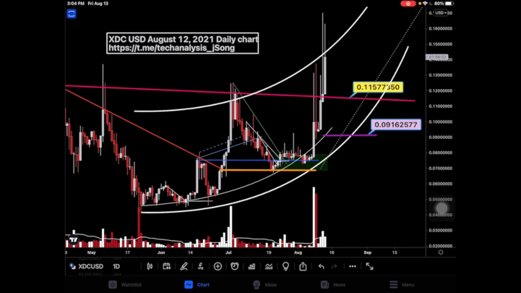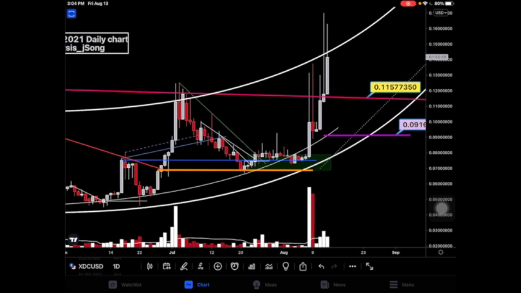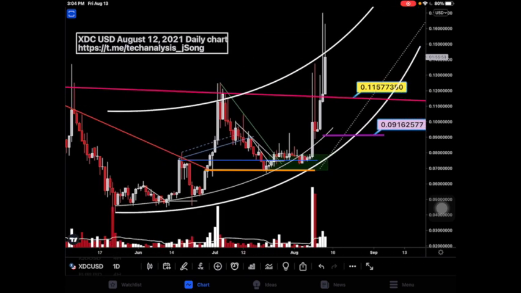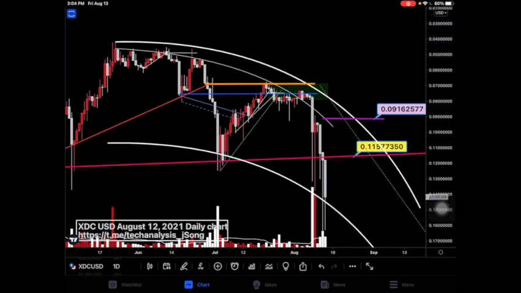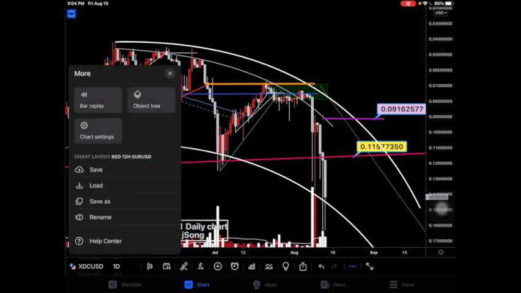He basically explained that it's very possible that there's going to be a flash crash spike and then right back up into that area. What do I mean? Well, it could look something like this. Let me hide these lines and I'll explain what I mean.